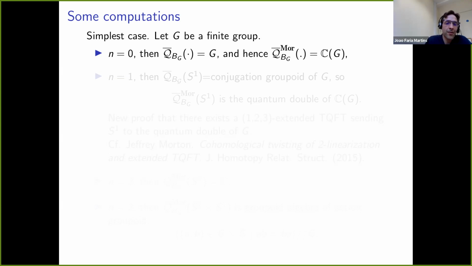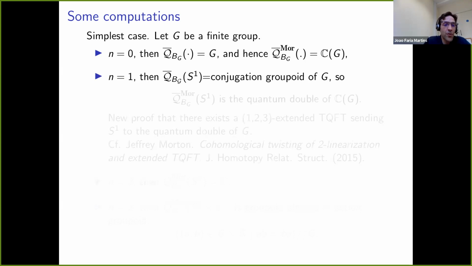And a slightly more complicated example. For n equals 1, the groupoid associated to S^1 with the simplest triangulation is the conjugation groupoid of G. So objects are elements of G, morphisms are a way to conjugate one element to the other. So when you linearize, you simply get the quantum double of CG. So everything is working.